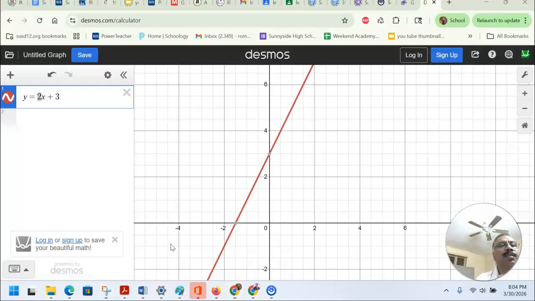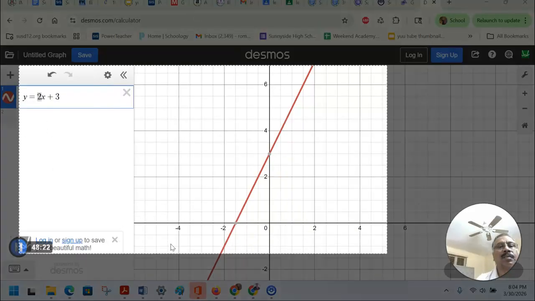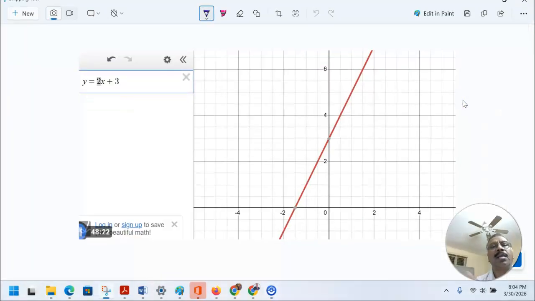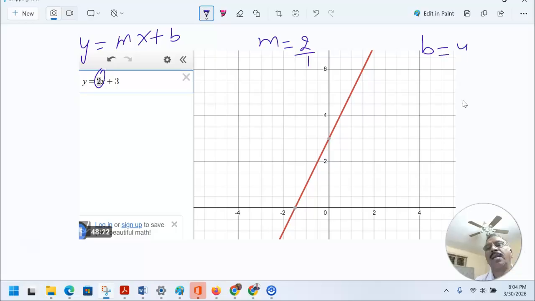There is a slope here. So m is 2, which is 2 over 1, rise over run, and because the equation is of the form y equals mx plus b, the b is the y-intercept. So this point is (0, 3). This one also has an x-intercept. It has both an x-intercept and a y-intercept.